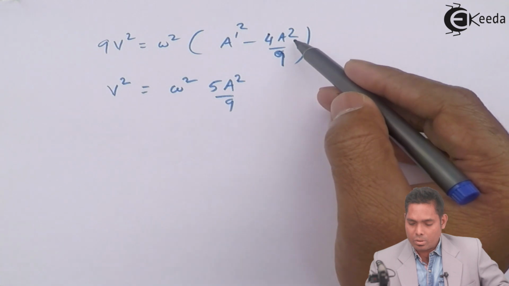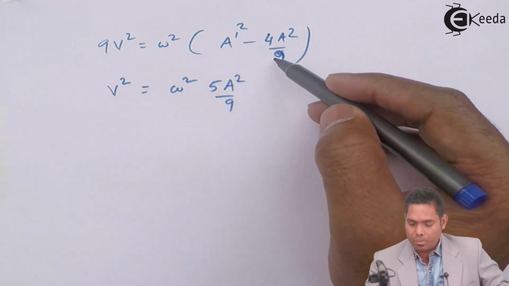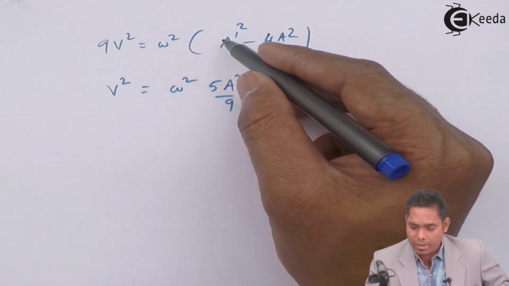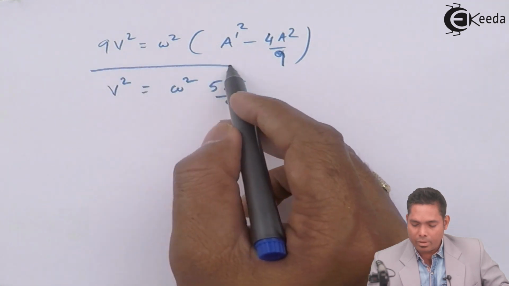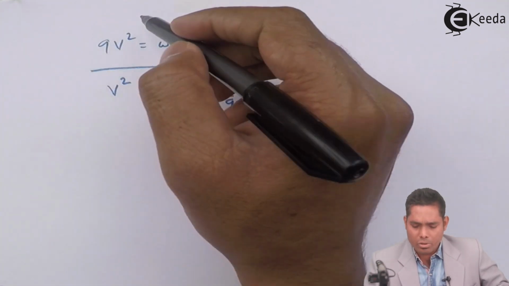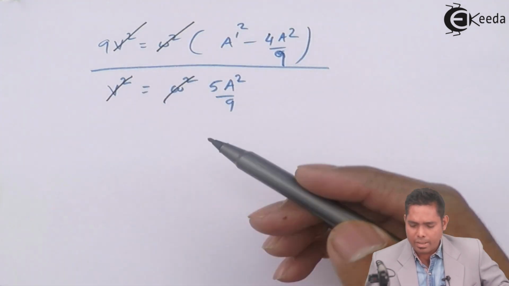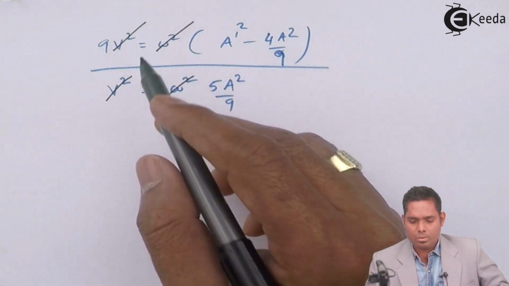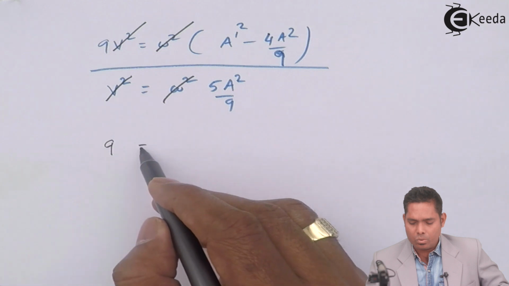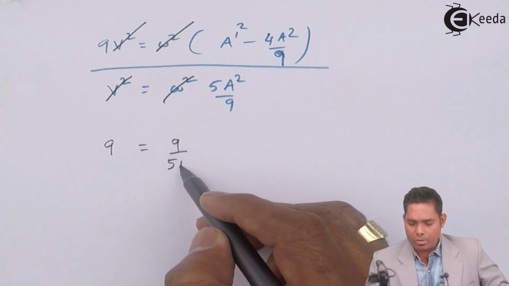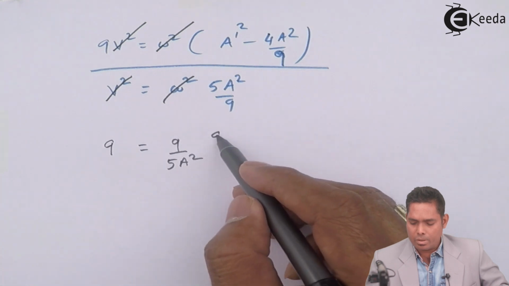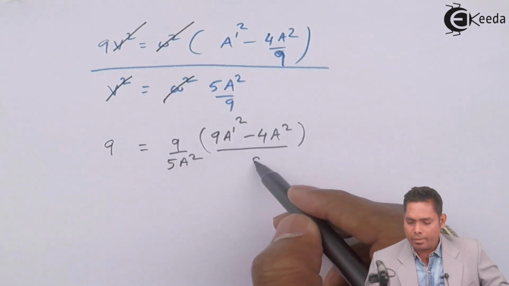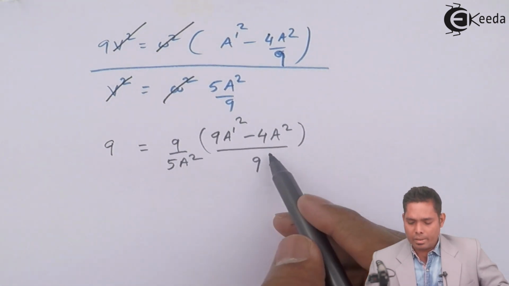If I divide these, v square and omega square cancel out, and this 9 goes up. So 9 equals 9 by 5a square, and this becomes 9a dash square minus 4a square divided by 9. This 9 and this 9 cancel out.